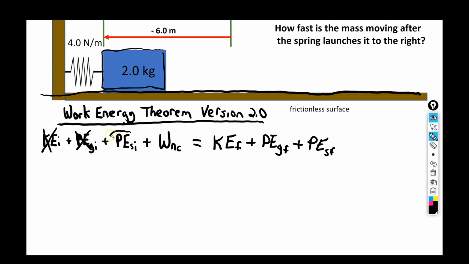But it does have elastic potential energy because that spring is compressed from its equilibrium position way out here. Now, in terms of non-conservative work, there isn't any non-conservative work. The work that the spring does when it expands is conservative work, and it's taken care of by these potential energy terms, these elastic potential energy terms.